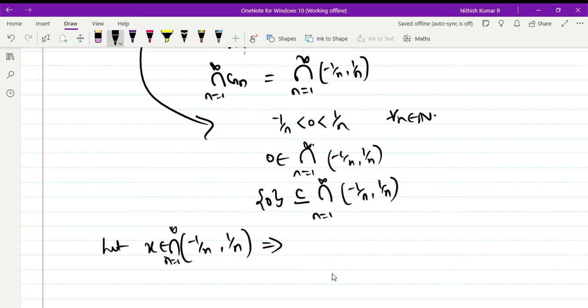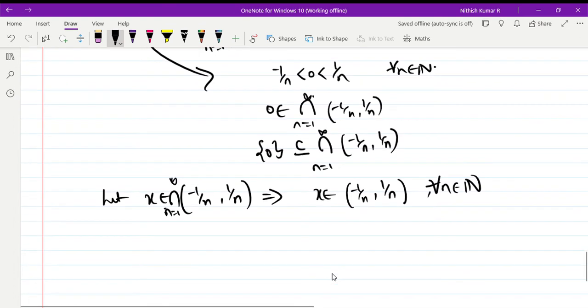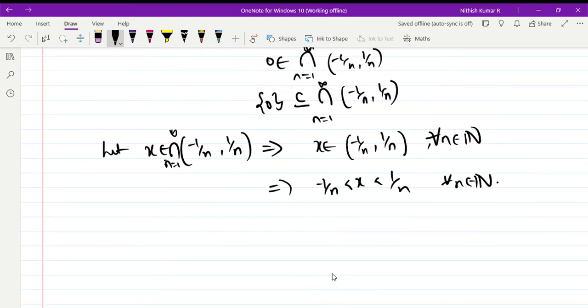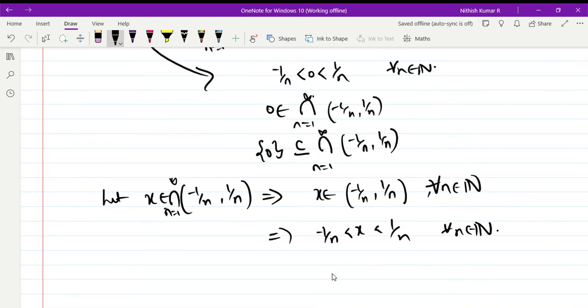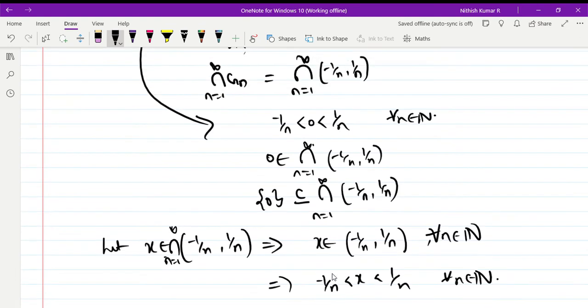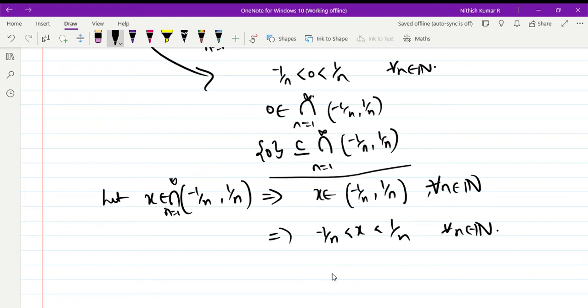This implies x belongs to the open interval (-1/n, 1/n), where n belongs to N, and this is true for all n belongs to N. Now this implies -1/n is less than x, which is less than 1/n for all n belongs to N. The first observation says the singleton set {0} is contained in this set, or 0 is an element of this intersection.